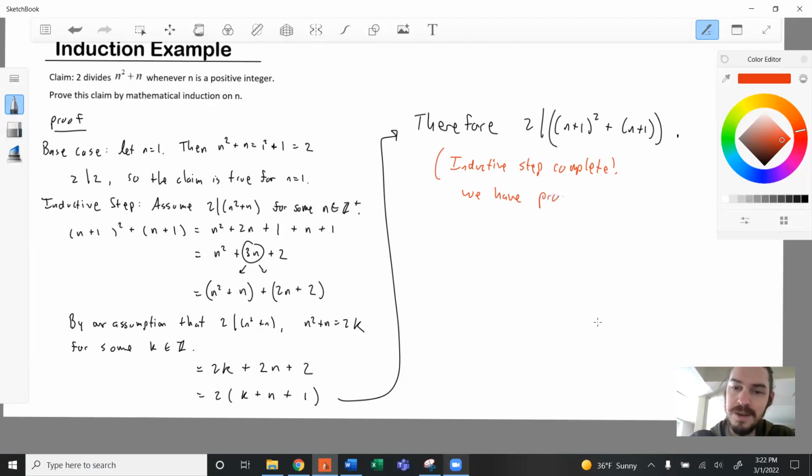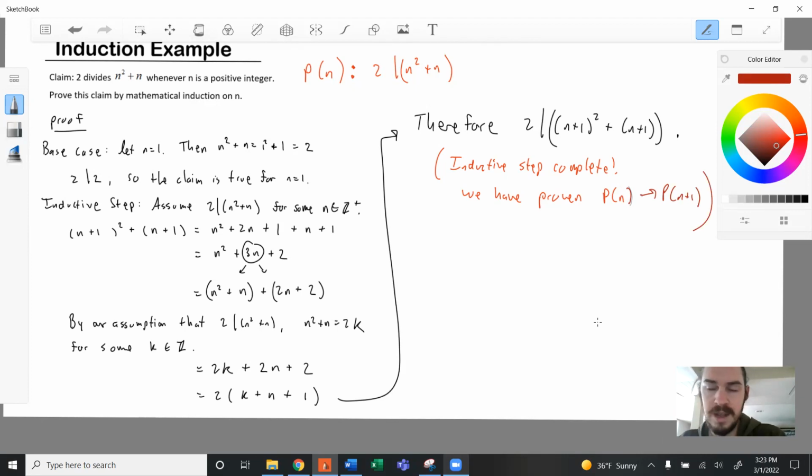We have now proven that if P of n is the statement that 2 divides n squared plus n, right? That's the claim about n. We have proven that P of n implies P of n plus 1, right? That was the goal of the inductive step.